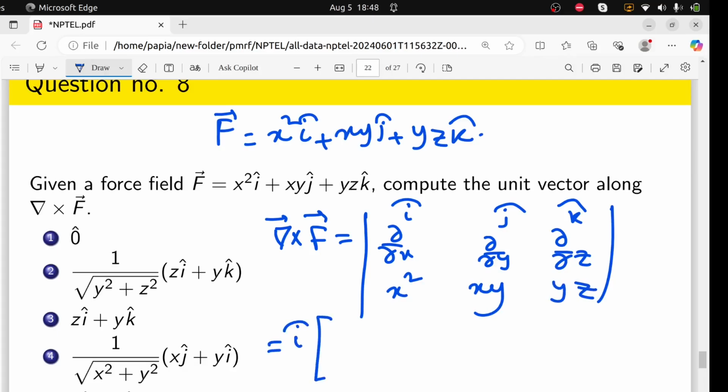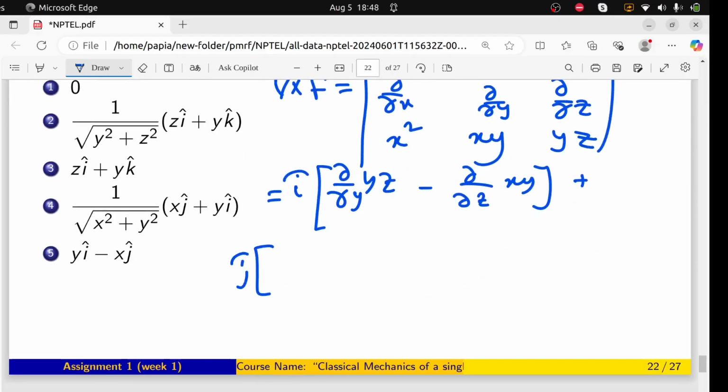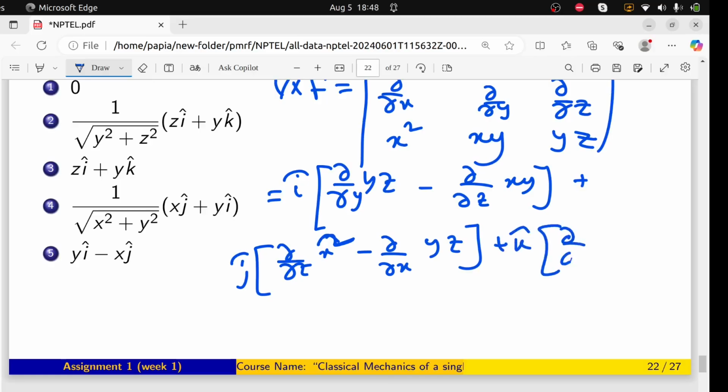So you can write it as ∂/∂y of yz minus ∂/∂z of xy, plus j cap (∂/∂z of x²y minus ∂/∂x of yz), plus k cap (∂/∂x of xy minus ∂/∂y of x²y).